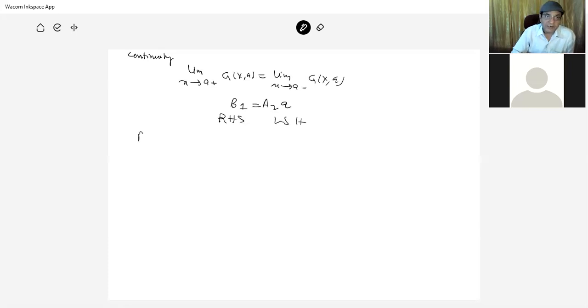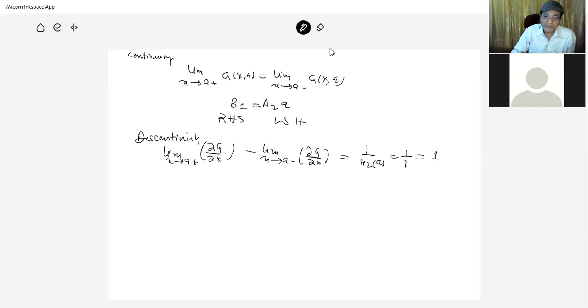Now for discontinuity, delta g by delta x of limit x tending to a plus minus limit x tending to a minus delta g by delta x is equal to 1 upon a to a, that is 1 upon a, which is equal to 1.